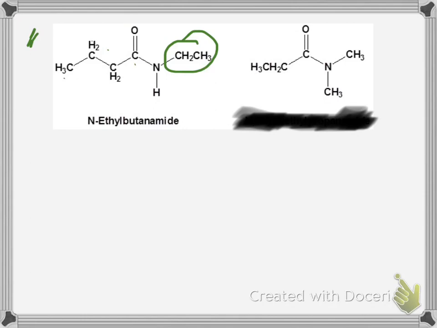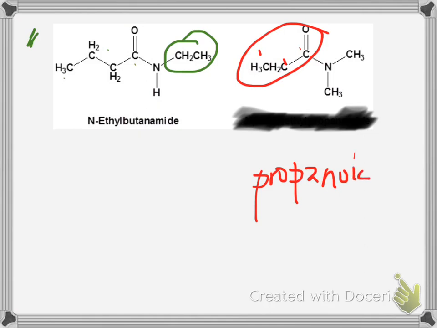So first up, let's go ahead and we will name the carboxylic acid portion. So we have 1, 2, 3 carbons. So normally that would be propanoic acid. Once again, we drop the oic acid and add in the ending amide. So propanamide. But now we have to take account of the fact that we have 2 methyl groups.